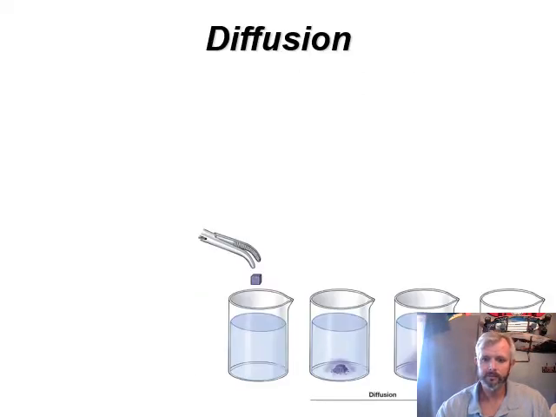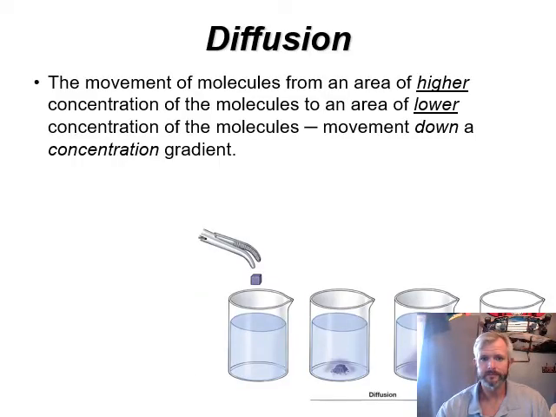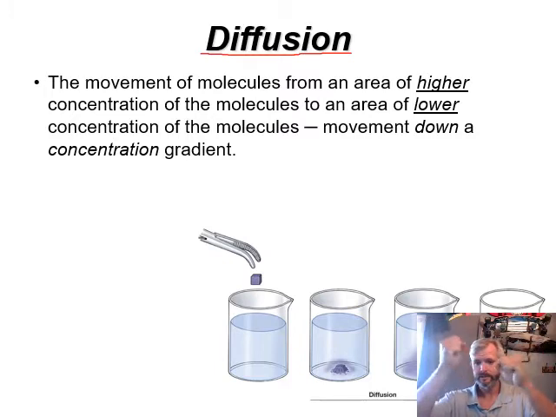So let's look at the process of diffusion. In diffusion, remember these molecules have kinetic energy. And the kinetic energy drives them from an area of higher concentration to an area of lower concentration. It's kind of like if you're in a club with a ton of people.